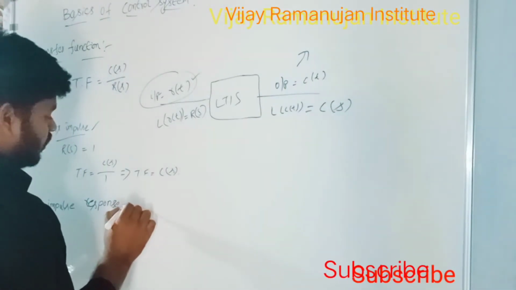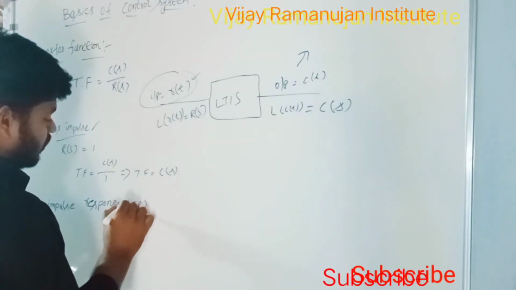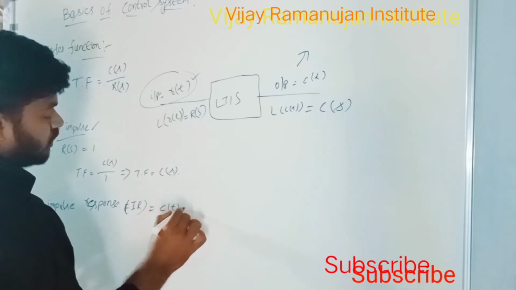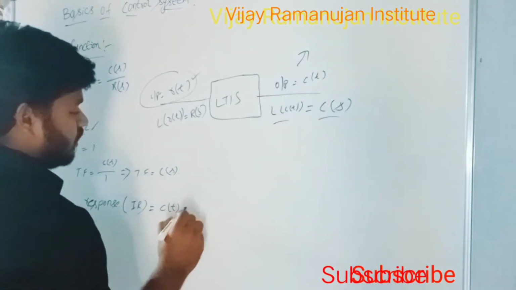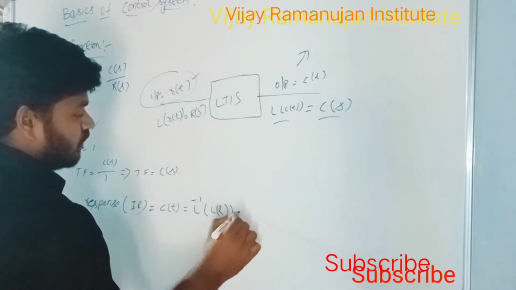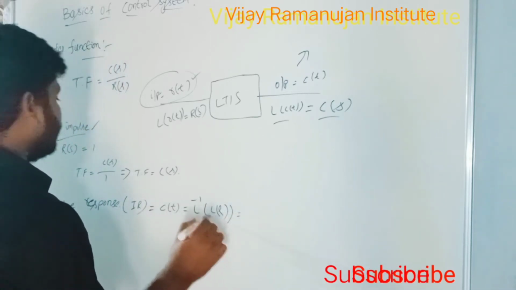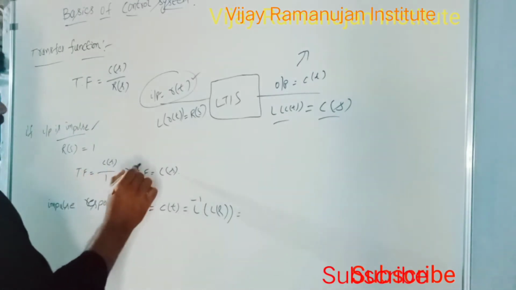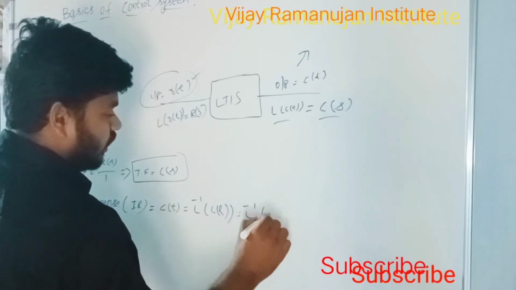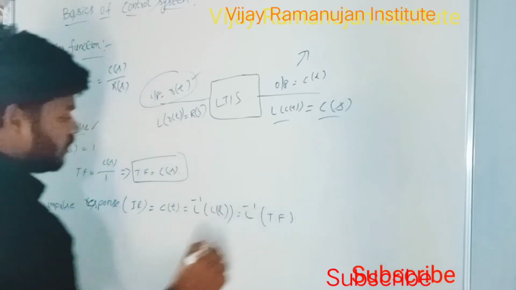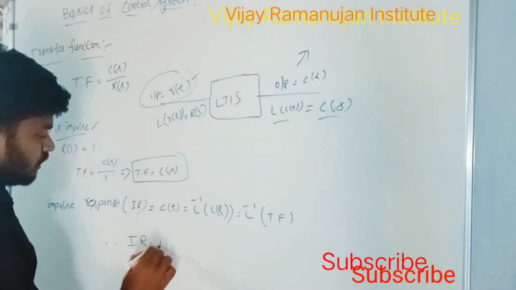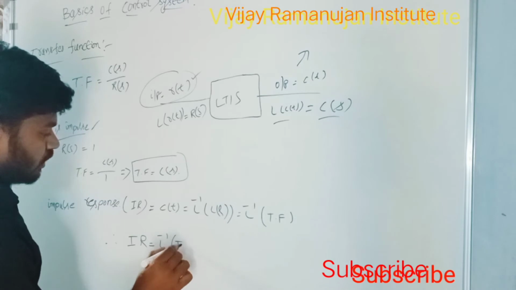We have got impulse response equal to c(t). c(t) can be written as L inverse of C(s). C(s) also can be written as transfer function. So finally, impulse response is equal to L inverse of transfer function.